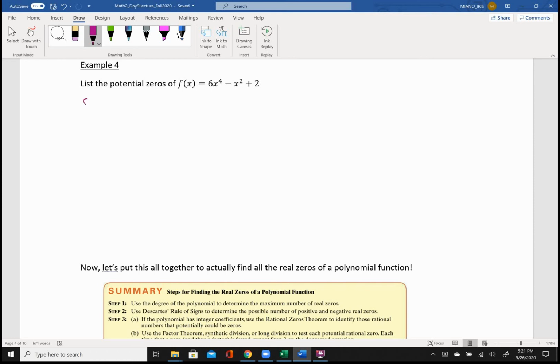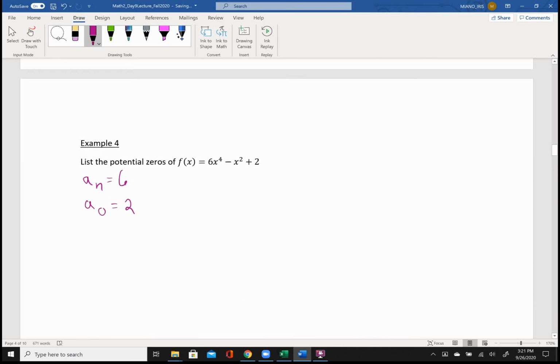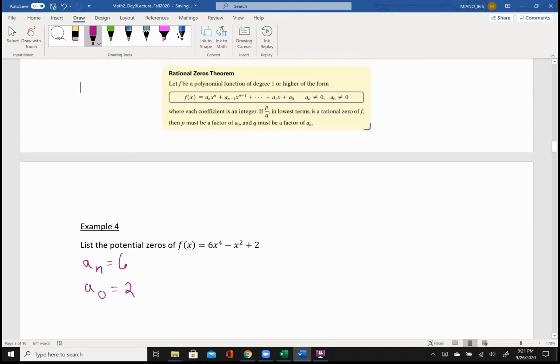Whatever a sub n is, that's going to be your leading coefficient, that's going to be 6, and your a sub naught is going to be 2. So your a sub n is, if you look back up here, associated with a factor of your Q, which is the denominator. So I always put the P list and the Q list kind of like this.